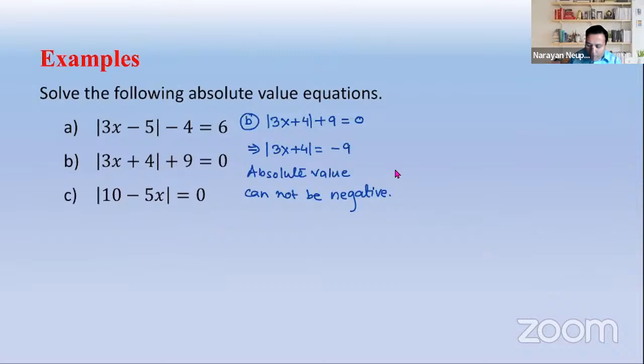So this equation has no solution. This implies the equation has no solution. So pretty much the answer to this question is, the equation has no solution.